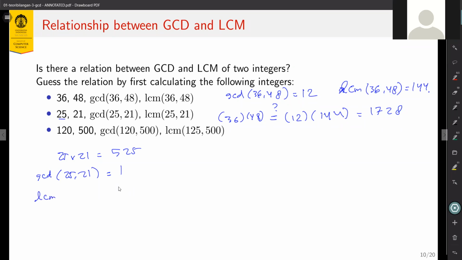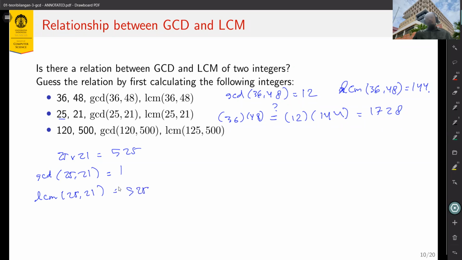Now, what was LCM of 25 and 21? 525. Correct, 525. See? Yeah. What about this one? 120 times 500? 60,000, right? Yeah.